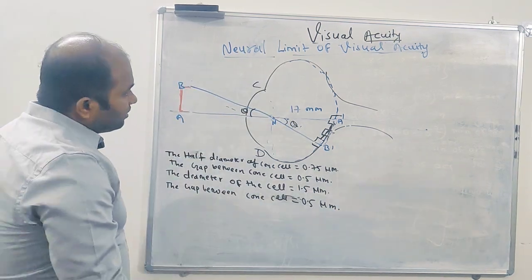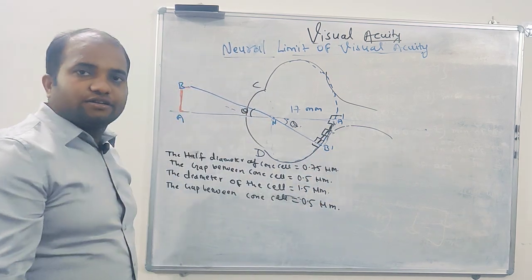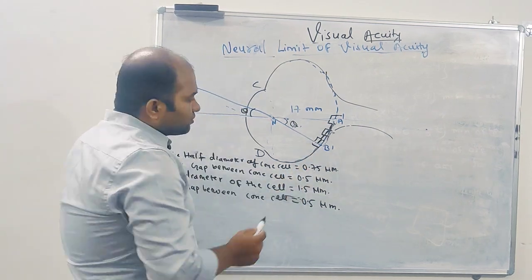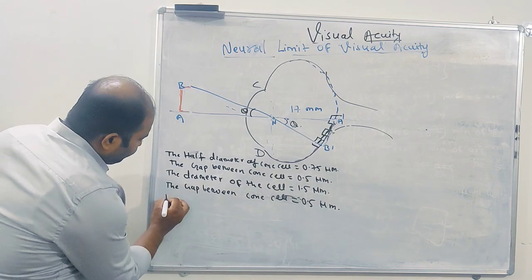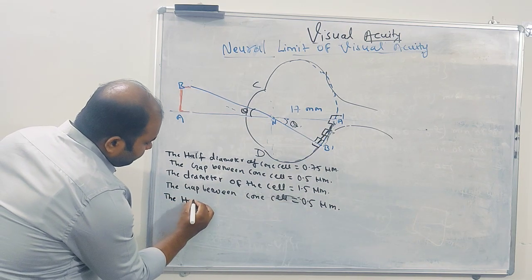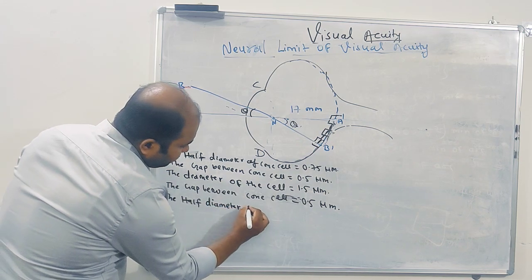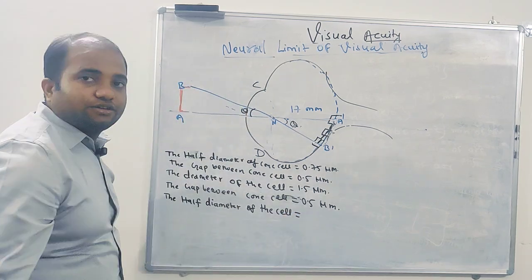Okay, now what is left out here? Half of this cell, right? Half diameter of the cell. The total is 1.5 micrometer, so half will be 0.75 micrometer.